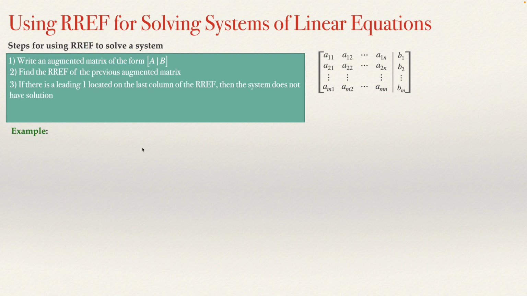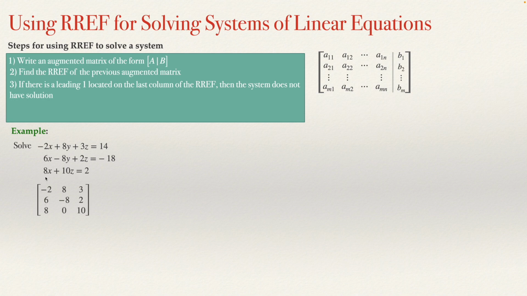For example, you have this system of equations: negative 2x plus 8y plus 3z equals 14, 6x minus 8y plus 2z equals negative 18, 8x plus 10z equals 2. This will be equivalent to this matrix equation with a matrix A: negative 2, 8, 3, the coefficients that are in the first equation.